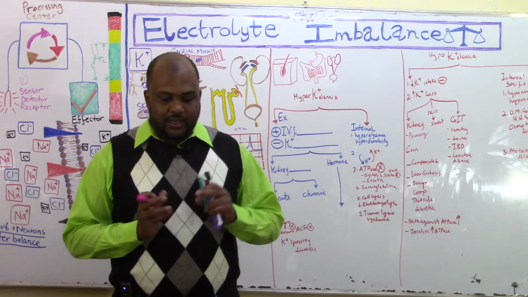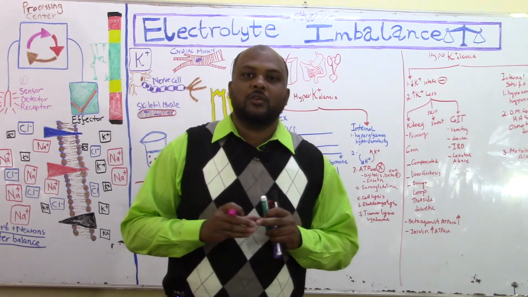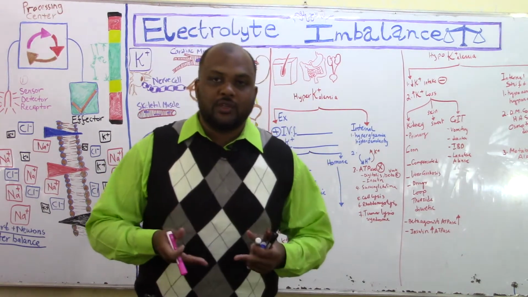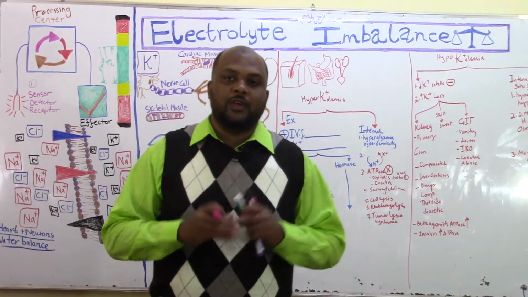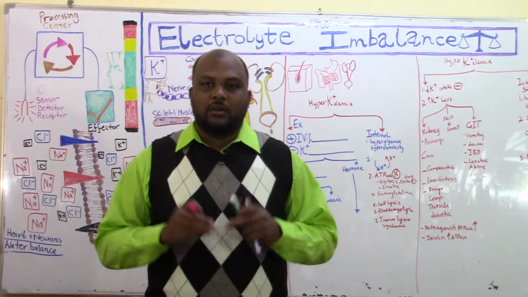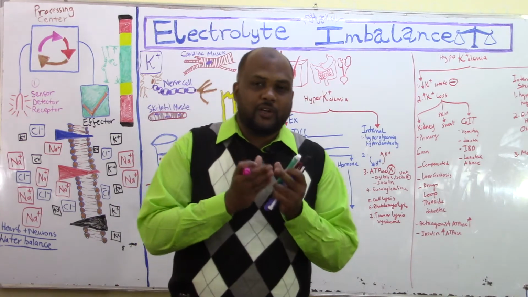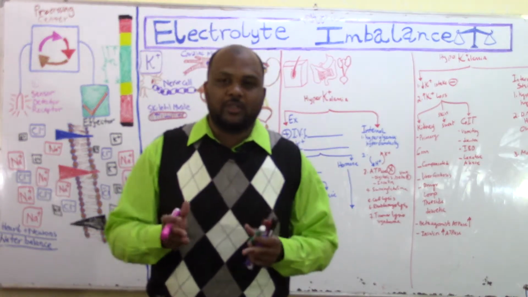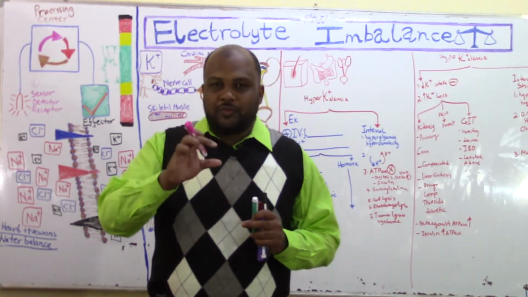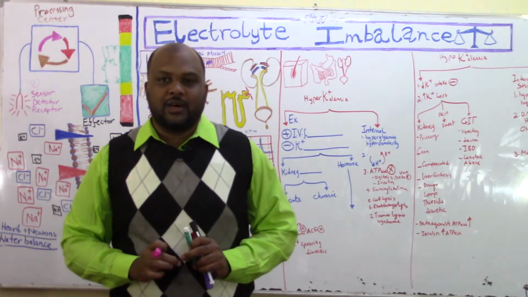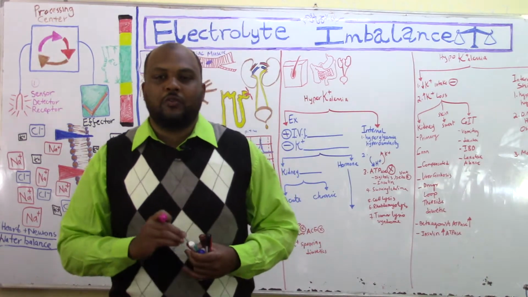A deficiency in the serum level of any particular electrolyte, or an excess in the amount of any particular electrolyte in the amount of milliequivalent per liter or millimolar per liter, there is a conserved amount of each particular electrolyte in the body, whether sodium, potassium, calcium, magnesium, or phosphate.